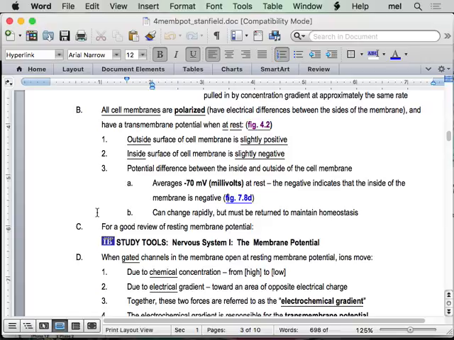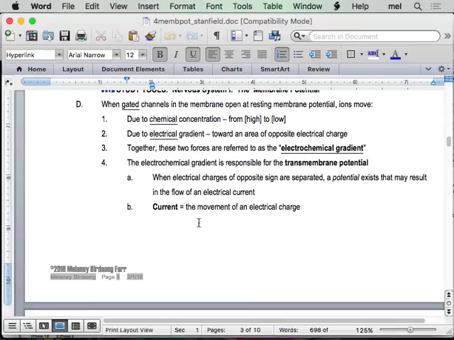Because sometimes I have to accomplish something that requires it to be different, right? So you always have to put it back there. So minus 70 millivolts is what we call resting membrane potential. This can change rapidly, but it must be returned to maintain homeostasis.